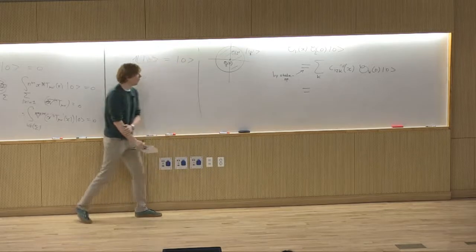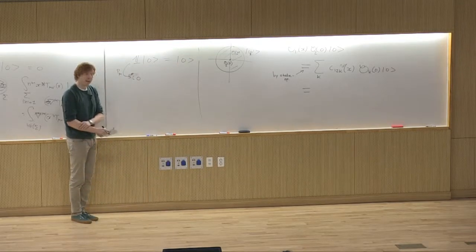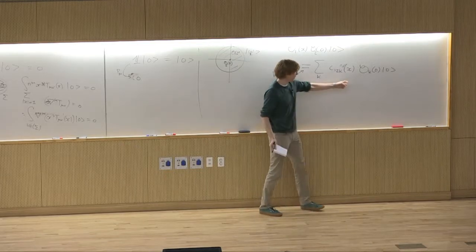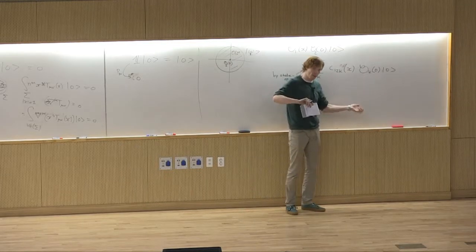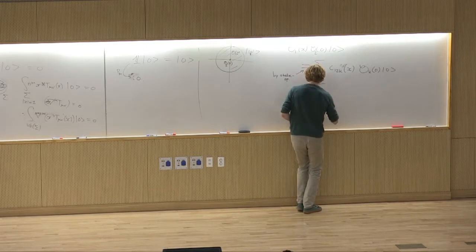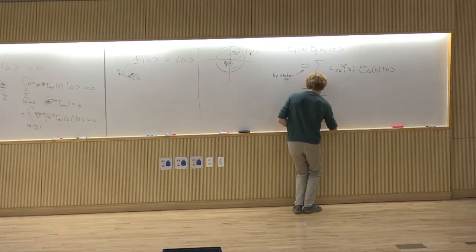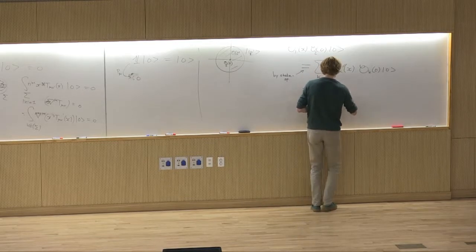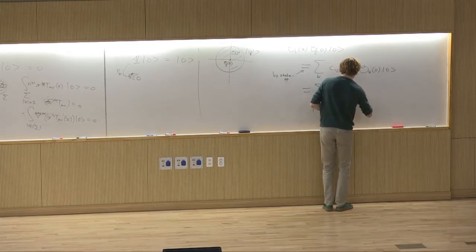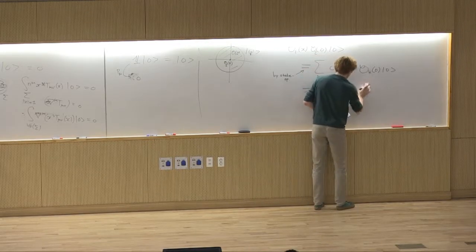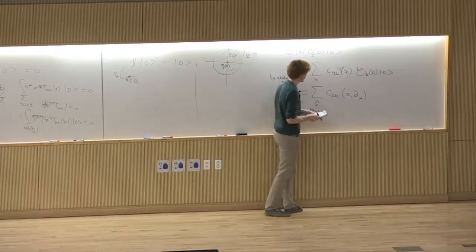So this is nice. We can make things even a little bit nicer by realizing that these operators come in two forms: primaries or descendants. So we can say, let's sum over primaries only, C1 to K of X, and absorb all the descendants in some redefinition of these coefficients.